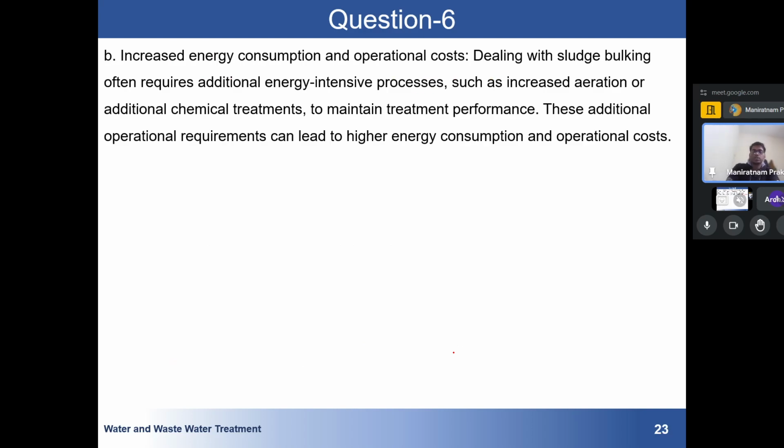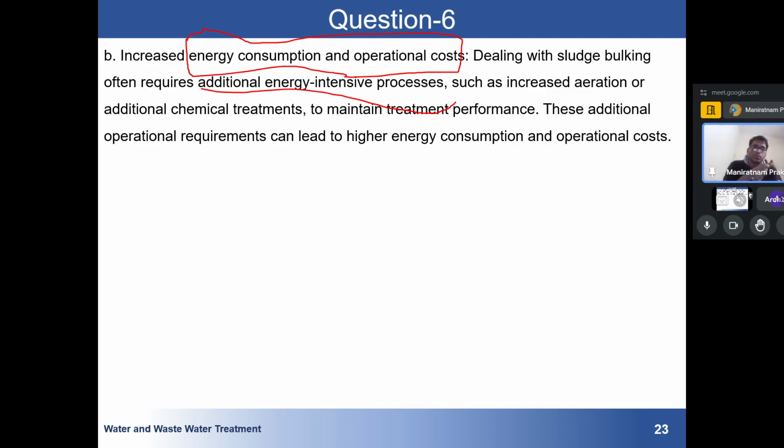The second option is increased energy consumption and operational cost. Dealing with sludge bulking often requires additional energy-intensive processes.